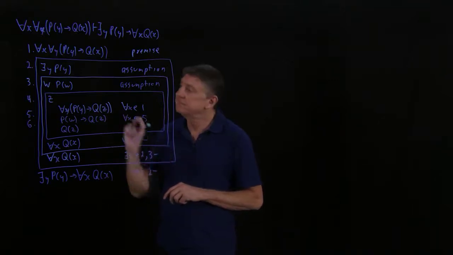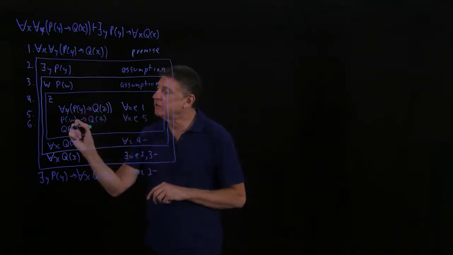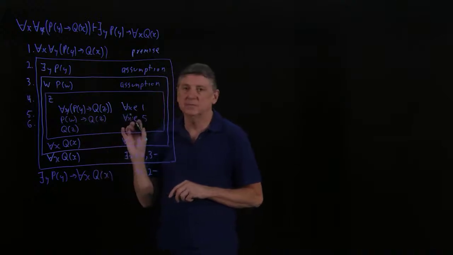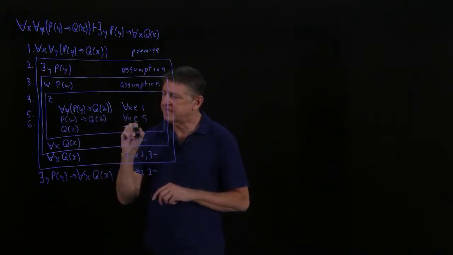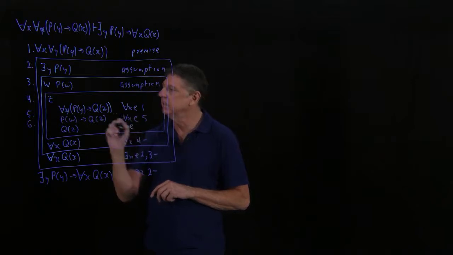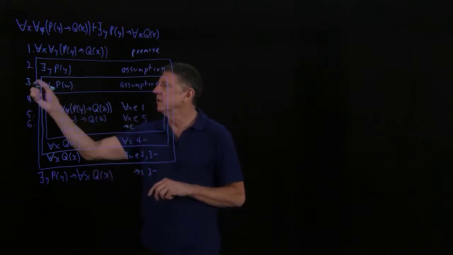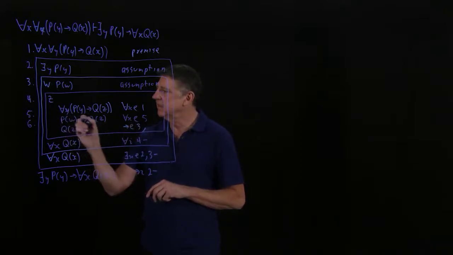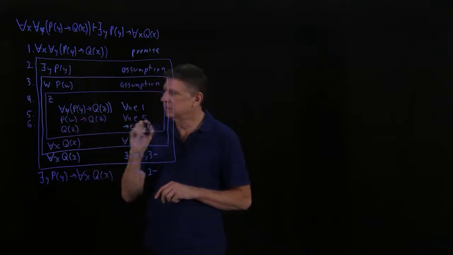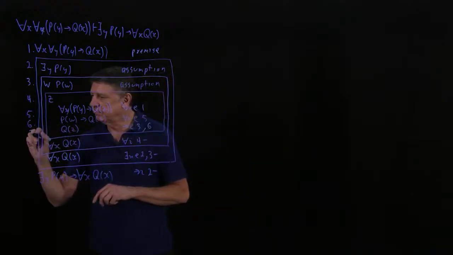No, it does not. So that means that I could deduce q of z by a rule of propositional logic, implication elimination, based on 3 as the antecedent and 6 as the implication line. So that becomes the next line in my proof.